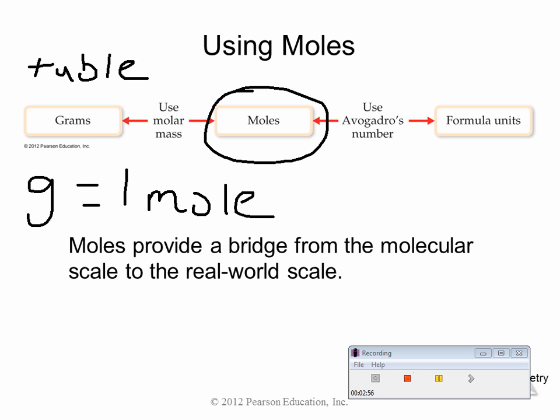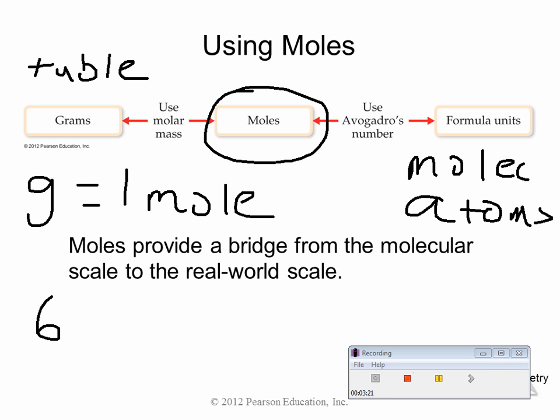That's the molar mass. Now on the other side of this, you've got formula units. Could be molecules could go here. That would be another individual unit. So I'll write molecules here. This could be individual atoms if we're dealing at the atomic level. But it's a small little particle that we can't count without Avogadro's number.